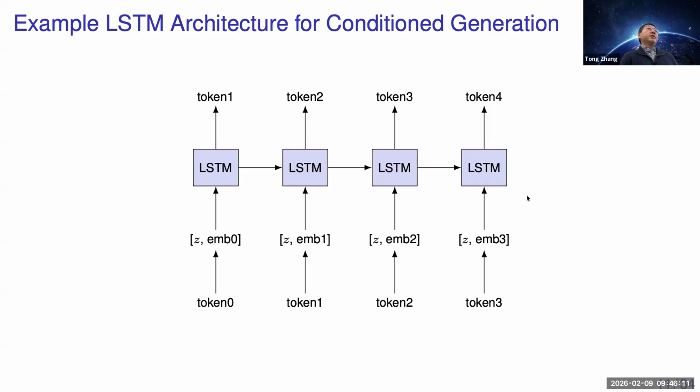Okay, this is just for illustration. This is one design you can do for conditioning on your encoder. As I mentioned, there are many more recent ones that use cross attention and so on to do this. But anyway, this is one design.